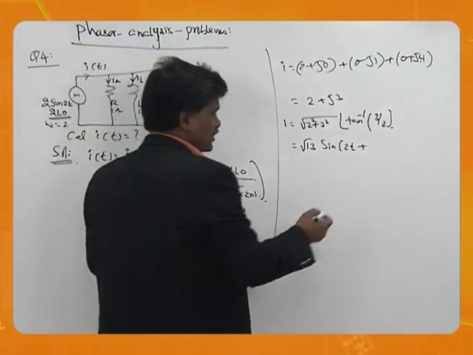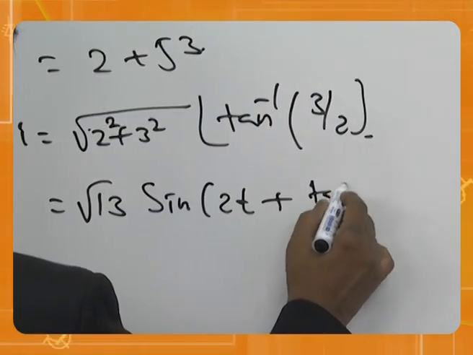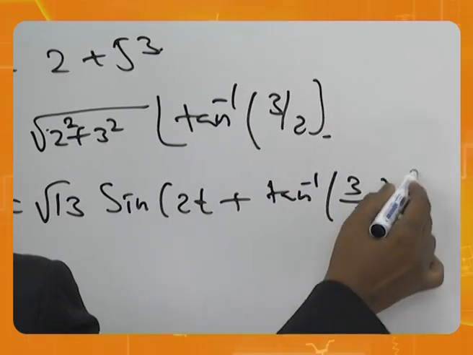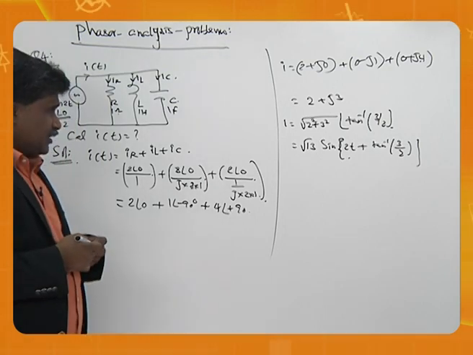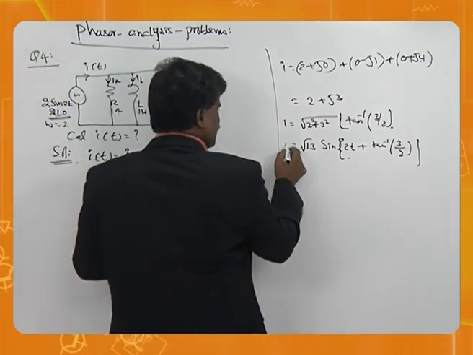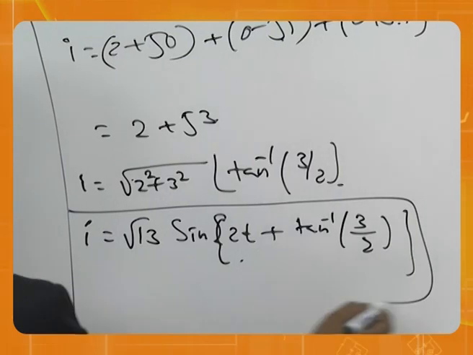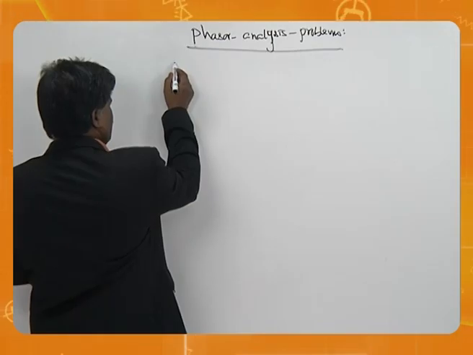You can just put the angle as it is, tan inverse of 3 by 2. That's the answer. So this is how you can calculate the question given to you.